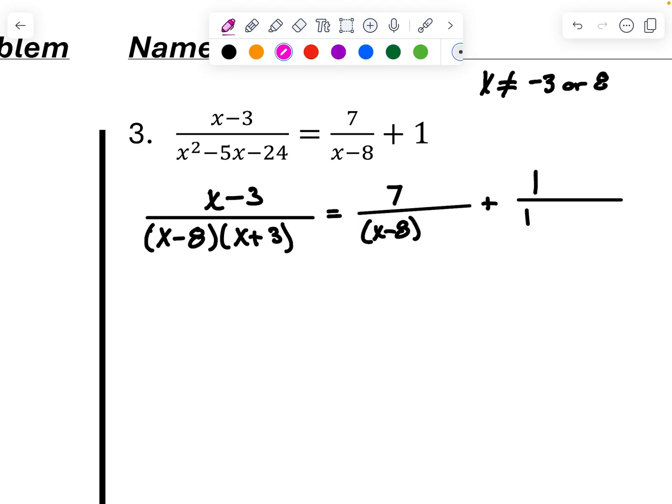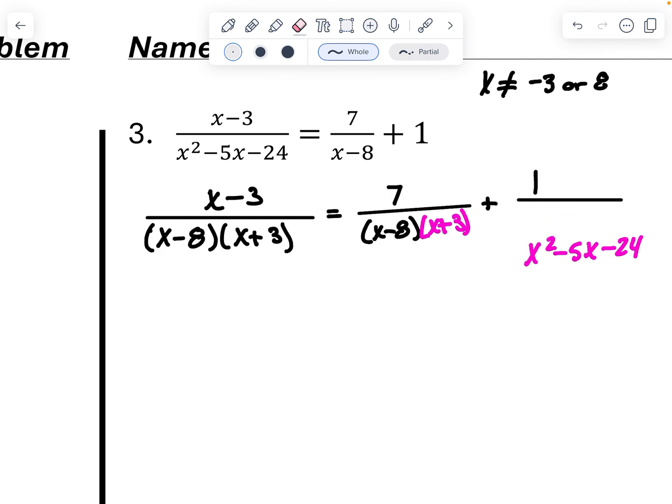And then I'm going to say I need common denominators. And the common denominators are x minus 8, x plus 3. And so here I should go x minus 8, x plus 3. But really, that is x squared minus 5x minus 24.